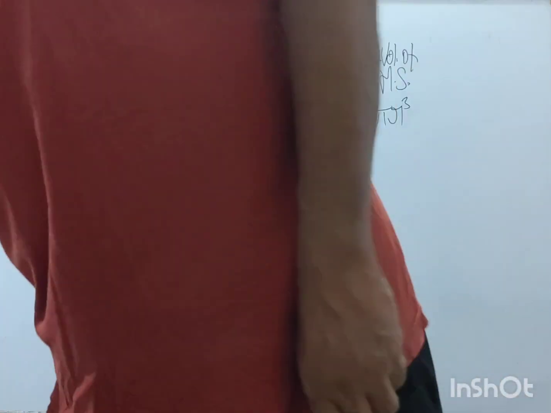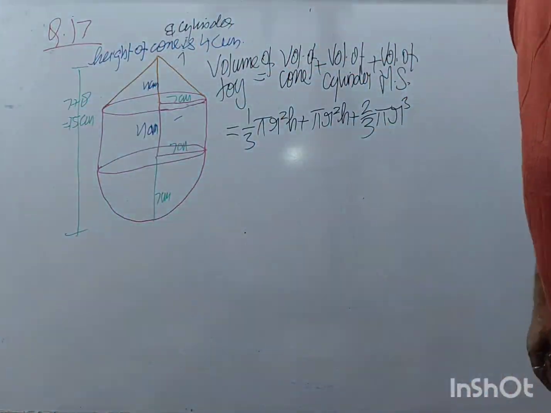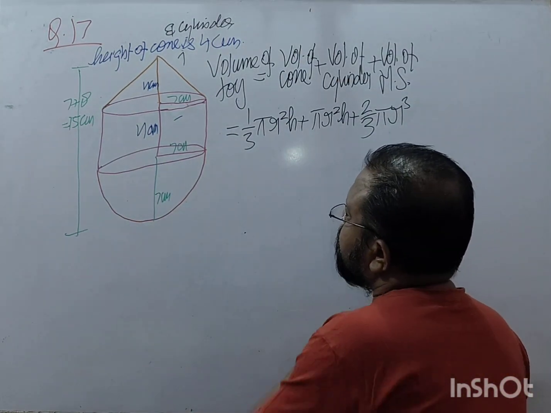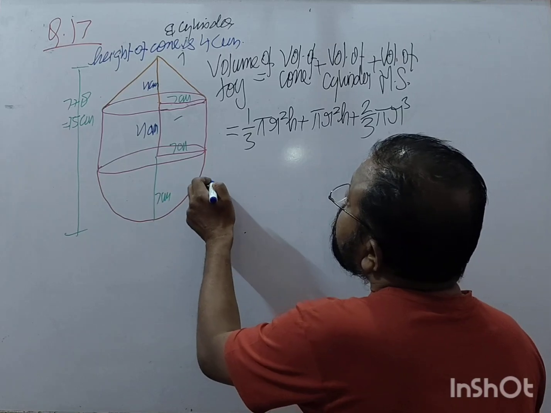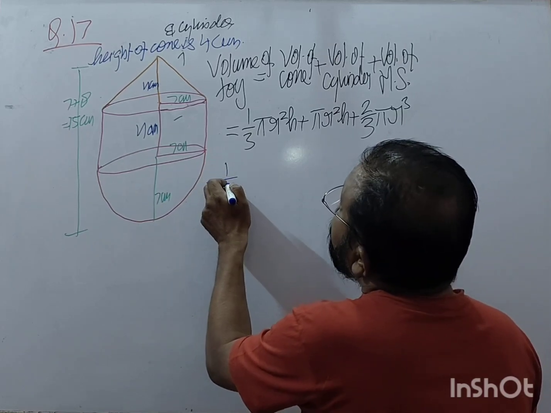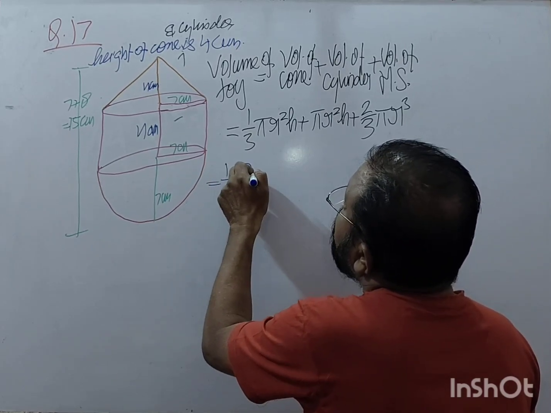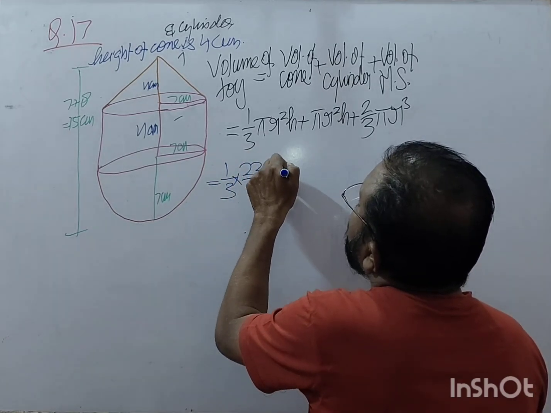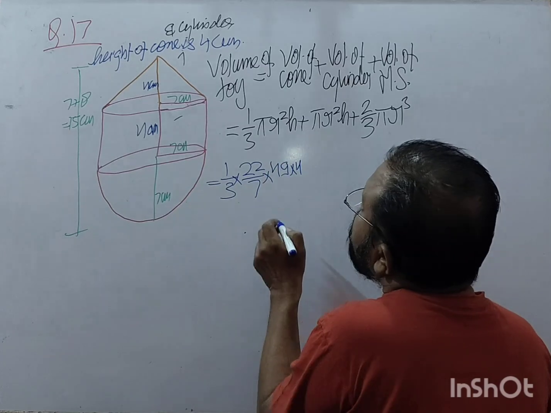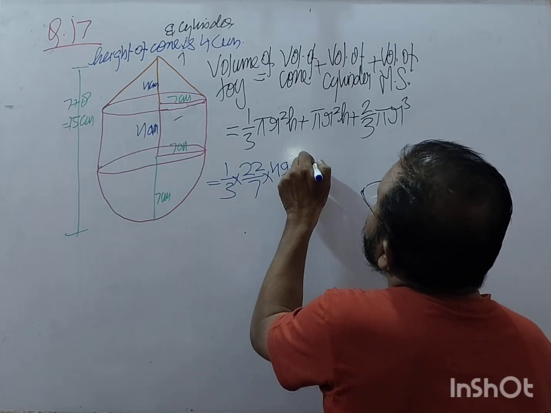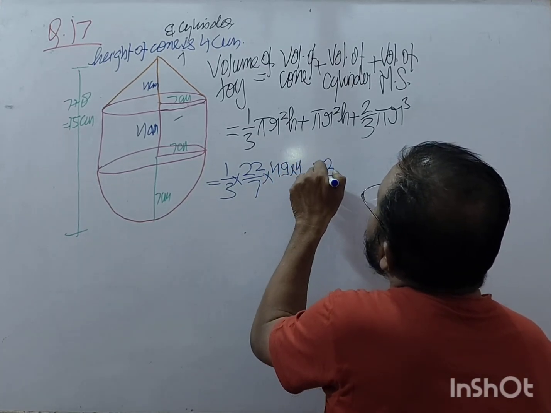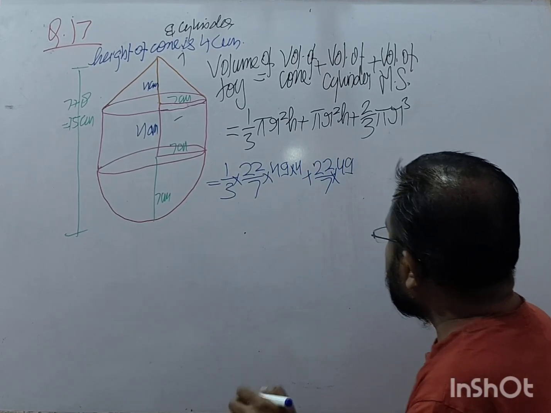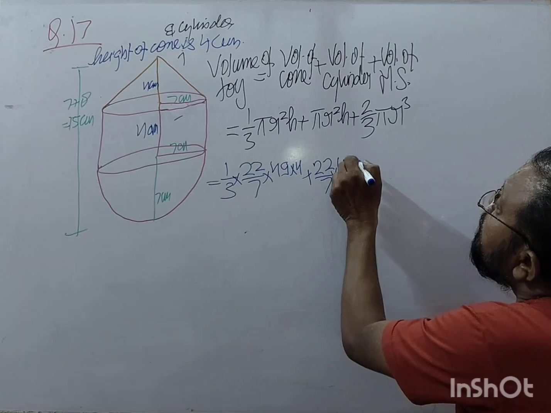When you put the values in this, then what happens? 1 by 3 into 22 upon 7 into 49 into 4 plus 22 upon 7 into 49 into 4, is it?